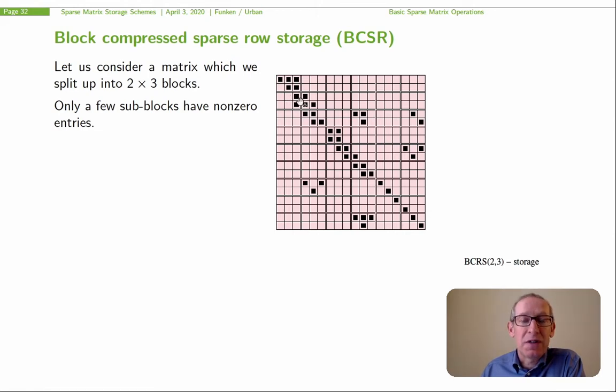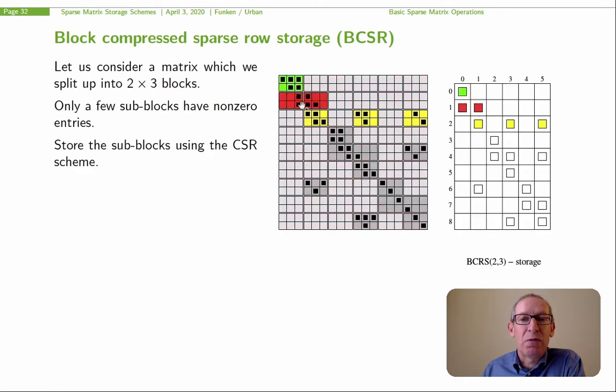We store these subblocks in the CSR format, depicted here by green and red and the yellow row and the remaining gray entries. So for this matrix of subblocks, we are using the CSR scheme, and each subblock, because we assume that all of these subblocks are more or less full, we store as a dense matrix.